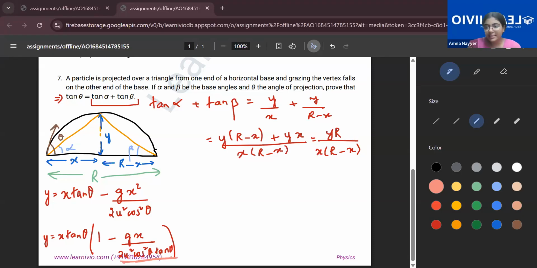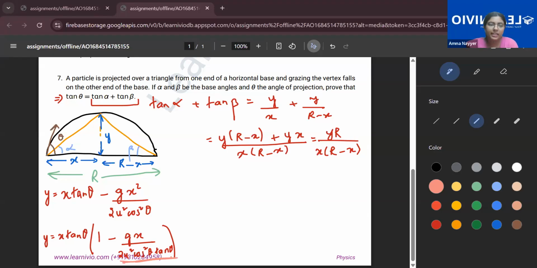For the other side, x is taken common, but there is no tan theta, so I divide by it, because it is actually getting multiplied. When I open the brackets, x tan theta multiplied by g x by 2 u square cos square theta tan theta gives x square, and tan theta divided by tan theta will be 1.